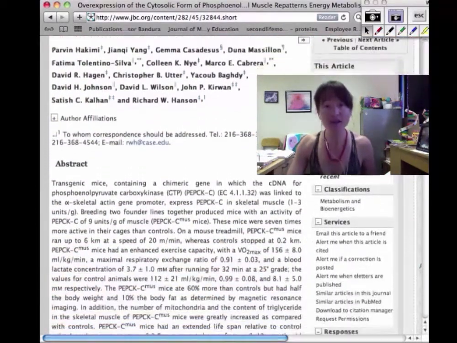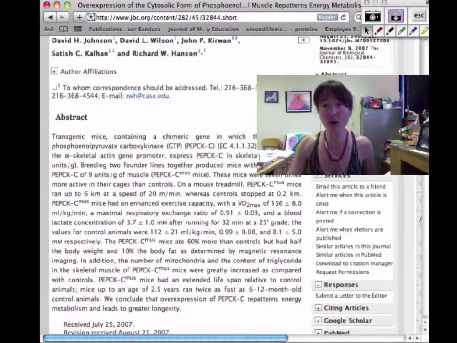So what they did for this study was create transgenic mice that overexpress the PEP carboxykinase enzyme. In this study they call them the PEPCK superscript muscle mice, and these mighty mice are incredible.